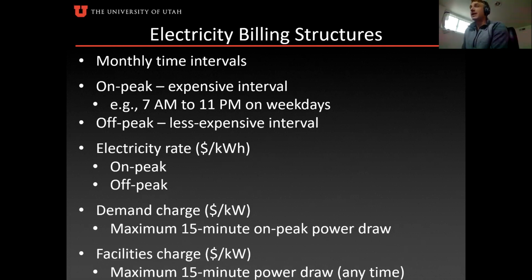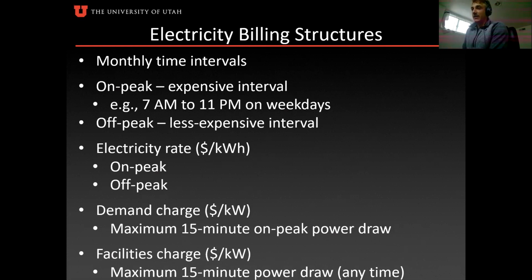That could be like 7 a.m. to 11 p.m. on weekdays, and then every other time, like weekends, nights, holidays, are less expensive. And then you break everything down based on peak or off peak. That includes electricity rates. So you have on-peak electricity rates. Electricity is more expensive during weekdays in the middle of the day, and then less expensive during off-peak hours.